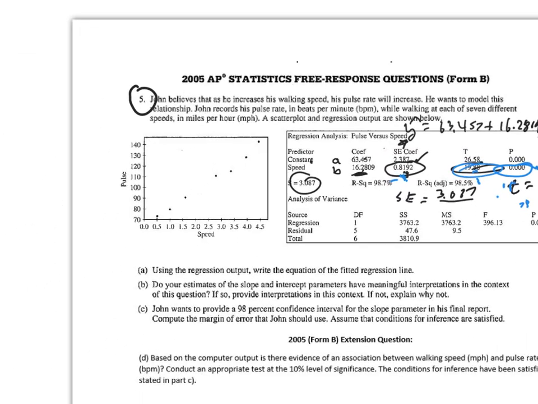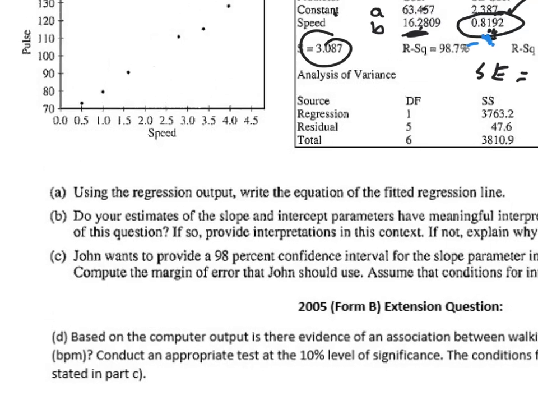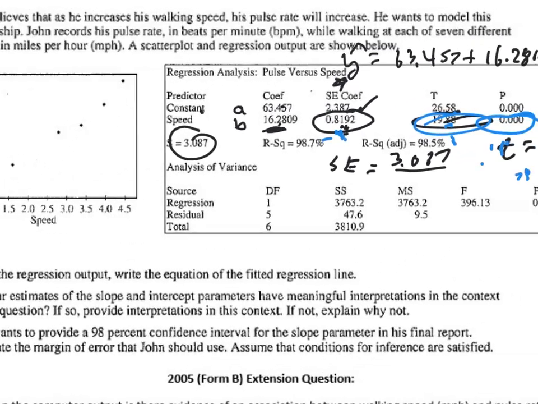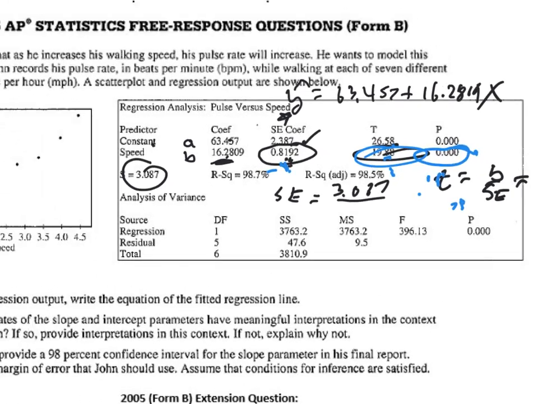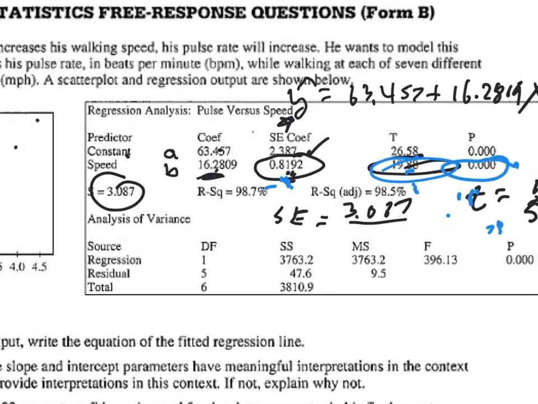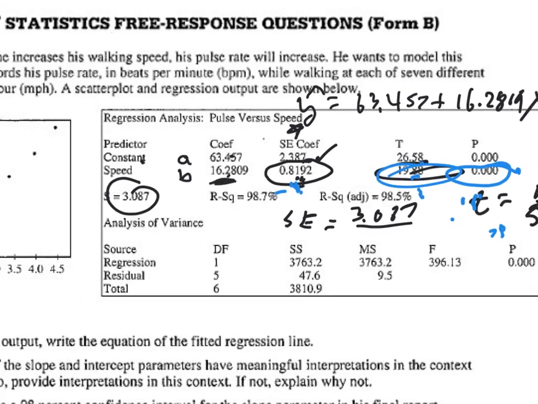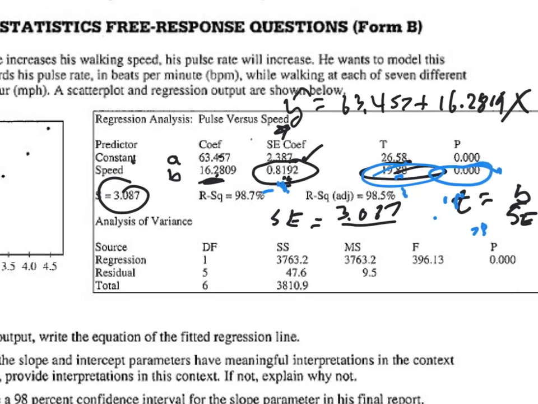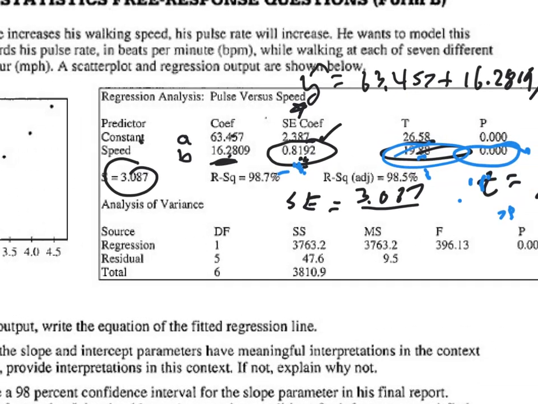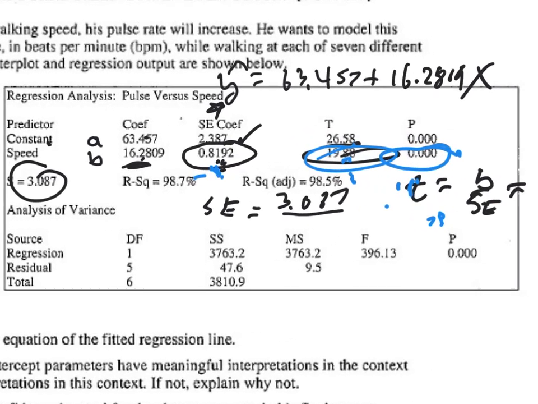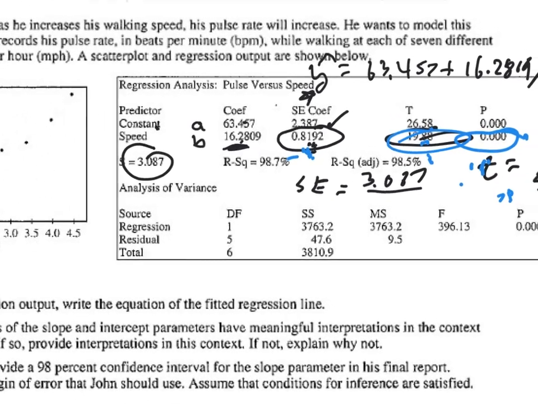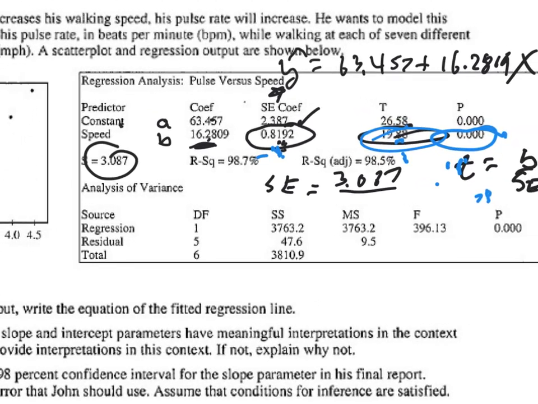If they asked you, okay, let's do letter A: using the regression output, write the equation of the line. Well, I just did it. This problem was that John believes that as he increases his walking speed, his pulse rate will increase. He wants to model this, so John records his pulse rate in beats per minute while walking at different speeds in miles per hour, and then a scatter plot and regression output is shown.